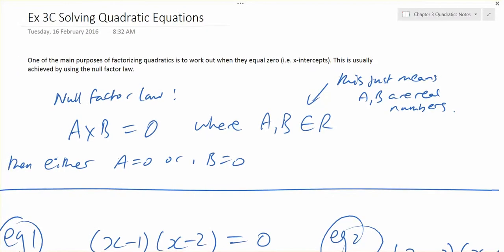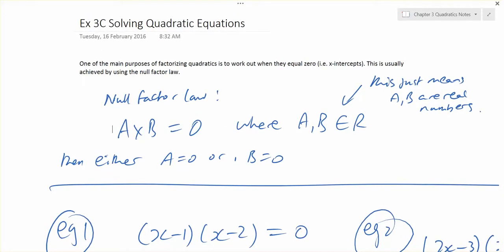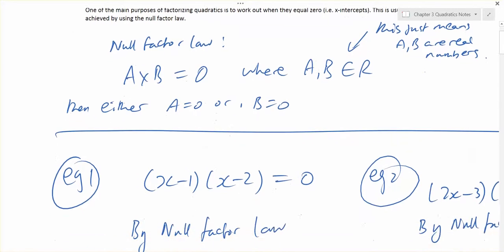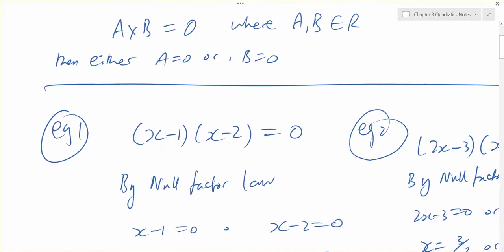Okay, so basically, if I have a quadratic equation in factor form, as in example 1, (x minus 1)(x minus 2) equals 0, then we know that this bracket times that bracket equals 0. So by the null factor law, we know that either the first factor equals 0, so x minus 1 equals 0, or x minus 2 equals 0.